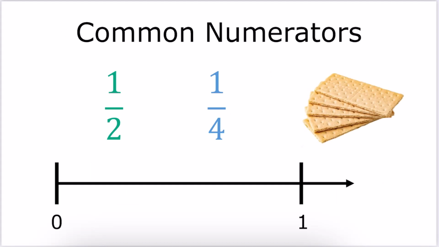So if I was comparing the fraction 1/2 to 1/4, a lot of students will say that 1/4 is bigger because 4 is bigger. But this is actually the opposite of the correct answer, because if you were to take a graham cracker and cut it in half and give someone half of it, versus if you were to cut it up into fourths and give someone a fourth of it, getting a half is going to give you a lot more graham cracker.